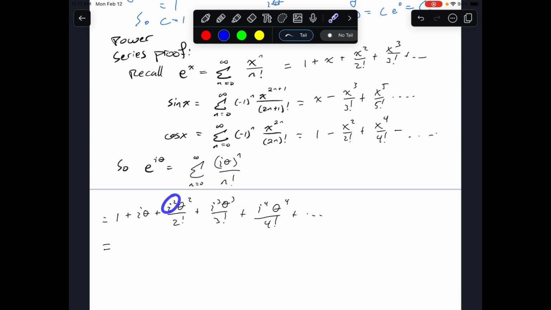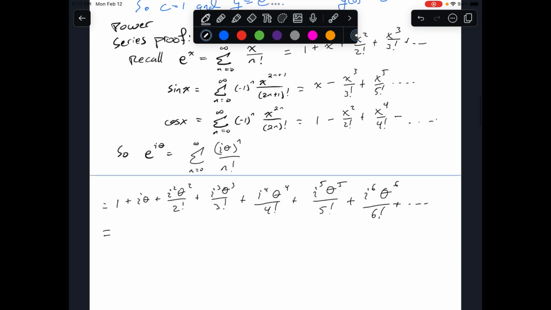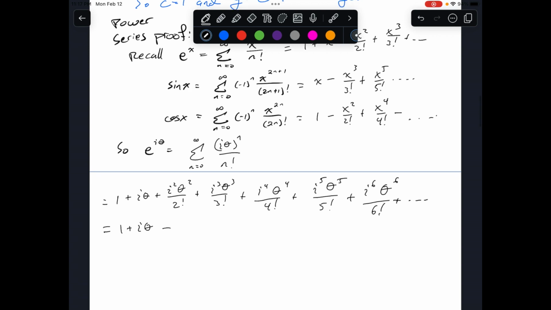And using the fact that i squared is equal to -1, we'll end up introducing a bunch of negatives here. I actually think I want to write a few more of these out. Okay, so i squared is equal to -1, so this becomes minus theta squared over 2 factorial. i cubed is equal to negative i, because i squared is -1, and then you get that i left over.